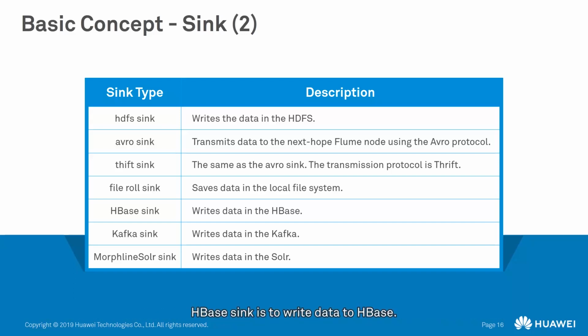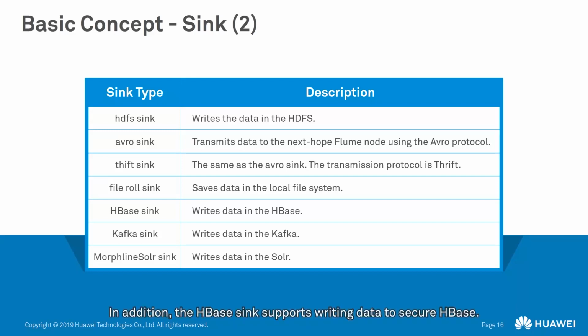HBase sink is to write data to HBase. This sink provides the same consistency guarantees as HBase, which is currently row-wise atomicity. In the event of HBase failing to write certain events, the sink will replay all events in that transaction.